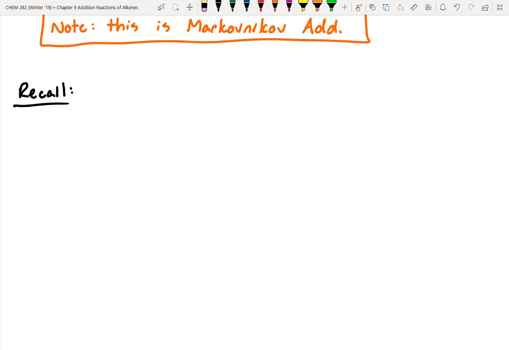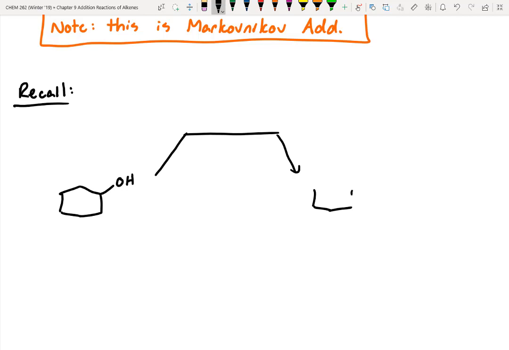Like I said, you can keep your notes as is, but sometimes it's a good idea to think this out. So in lab last term, we started out with cyclohexanol, and we made cyclohexene and water. And that cyclohexene is what we're using in lab this week.